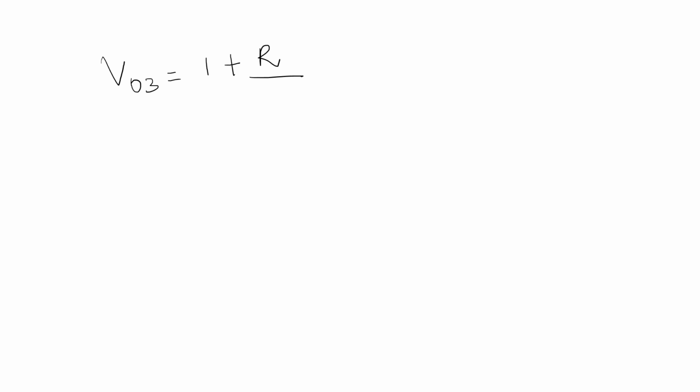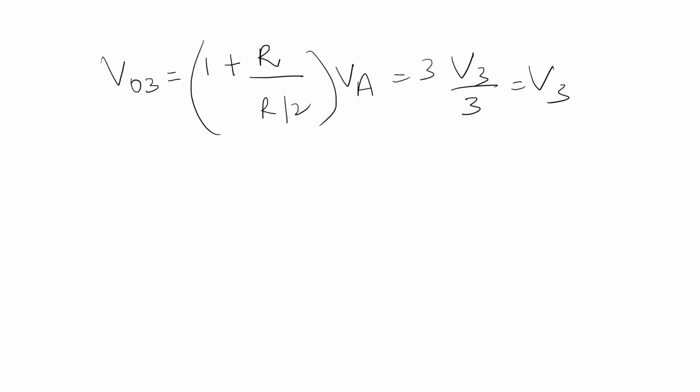V03 due to V3 alone. What is the effective output voltage due to V3 alone? Then the superposition theorem has to be applied into the total voltage VA, which is equal to 3V3 by 3 is equal to V3. Similarly, this can be shown at the output voltage V04 due to V4 alone. Thus, the output voltage V0 due to all four input voltages is given by V0 is equal to minus V1 minus V2 plus V3 plus V4.